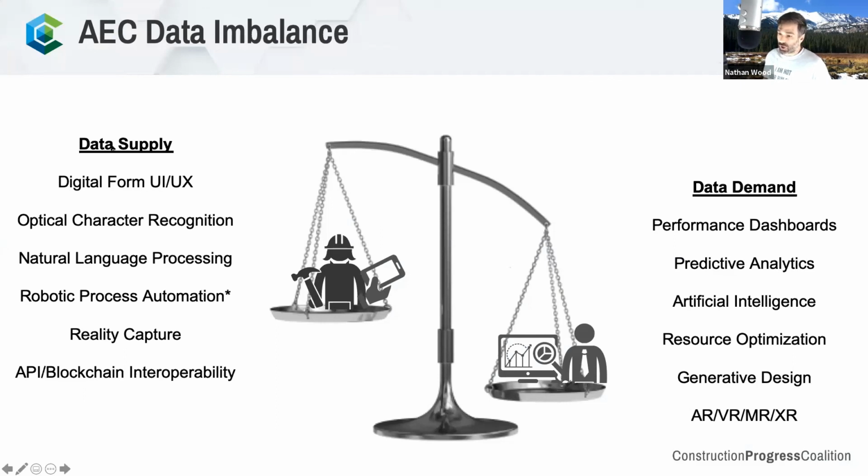So, what are the easier forms that make it easier for the field to enter data, or uses of OCR or natural language processing? Robotic process automation is another one as well. Laser scanning and all the other image capture. That's really where the data comes from.